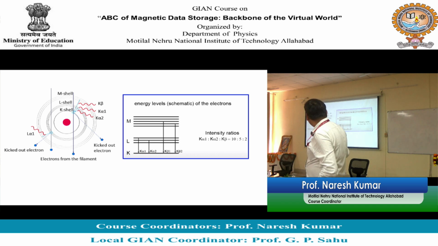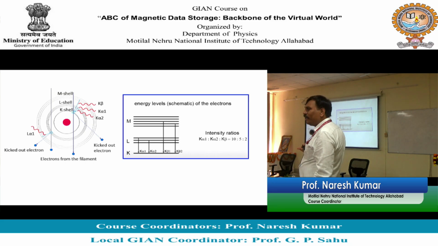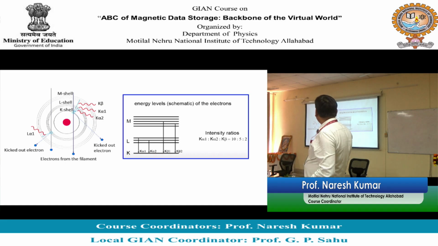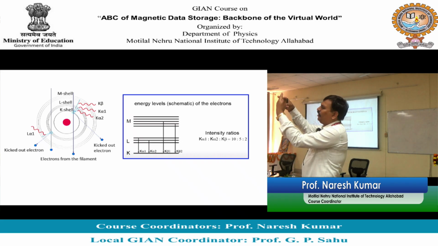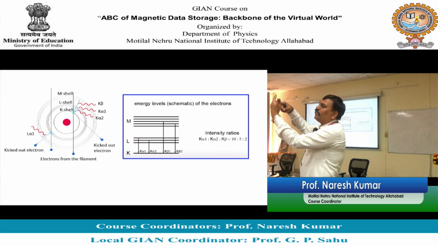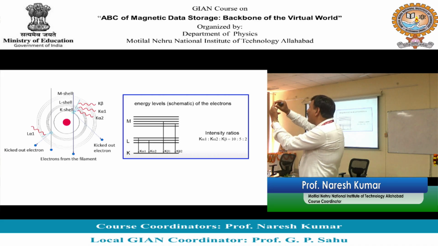अभी मैंने बताया आपको कि K alpha 1, K alpha 2, the intensity ratio is 1 to 2.5, है ना? If I am trying to filter K alpha 2 somehow, मान लीजिए ये K alpha 1 है, K alpha 2, its intensity is 50% of this. If I am trying to filter this out, I will be compromising with the intensity of K alpha 1.